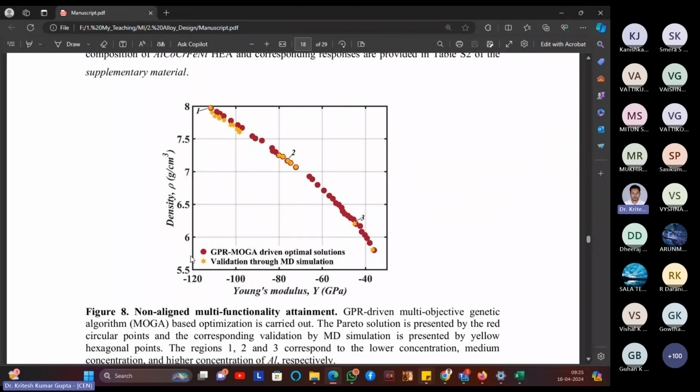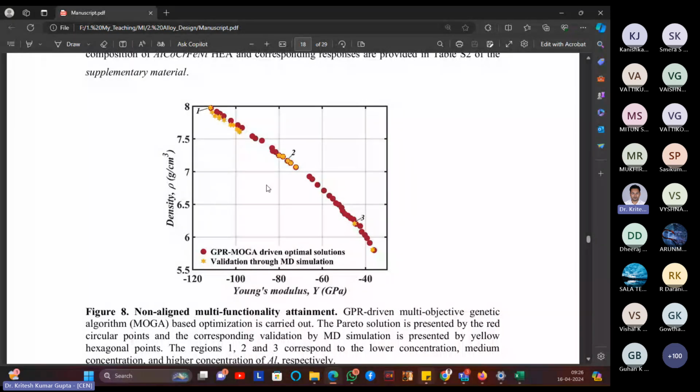So we need decreased density and increased Young's modulus. But at this end we see that density is high and Young's modulus is high. At this end, density is low and Young's modulus is low. So we have to stay somewhere in between, right? The samples corresponding to these, where the number 2 is written, can be of our interest, where we are getting sufficiently high Young's modulus with sufficiently low density.